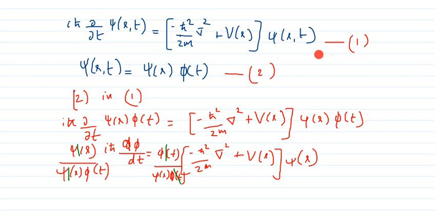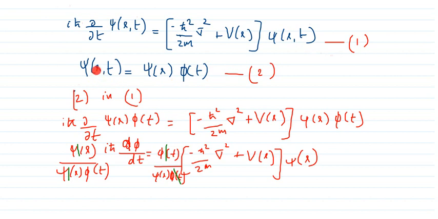In order to arrive at the time independent Schrodinger equation from the time dependent form, what we are going to do is use the mathematical technique of separating the variables from the wave function. So this is how we separate variables.